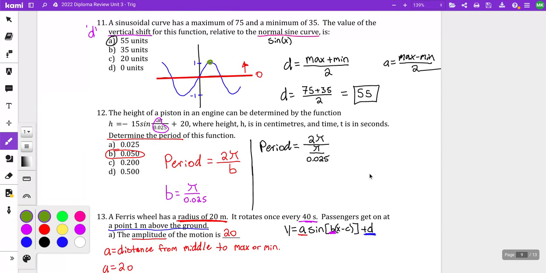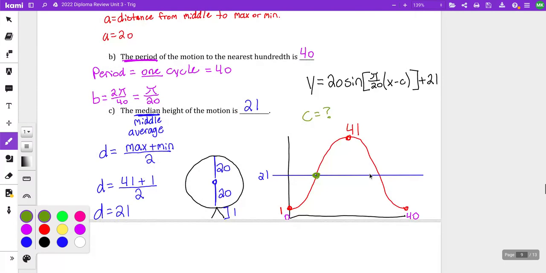That would be my starting point. Crosses the midline and then goes up. C value is a horizontal shift. You've got to figure out this distance. How far did that go? That's your C value.